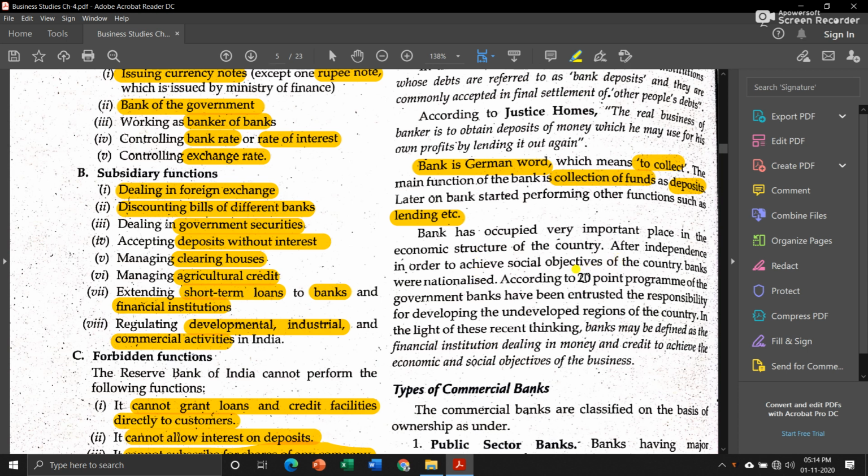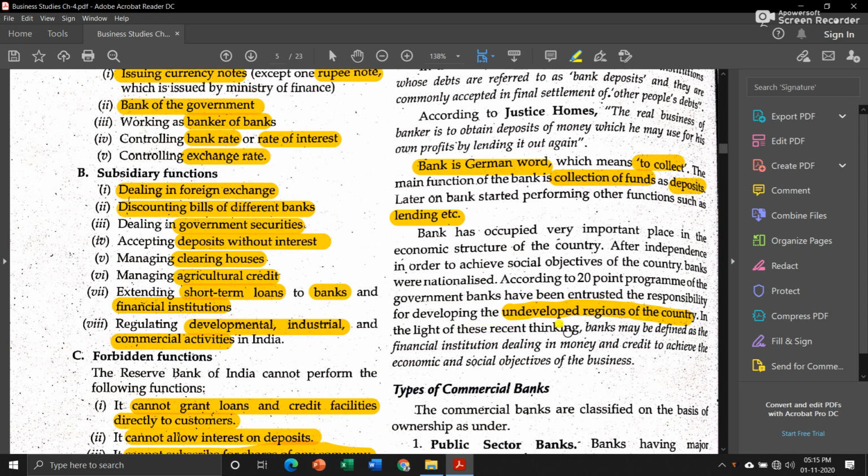According to the 20-point program of the government, banks have been entrusted the responsibility of developing the undeveloped regions of the country. Earlier, banks used to focus on areas with big cities and states, but after nationalization, banks were given responsibility to start working in undeveloped regions as well.